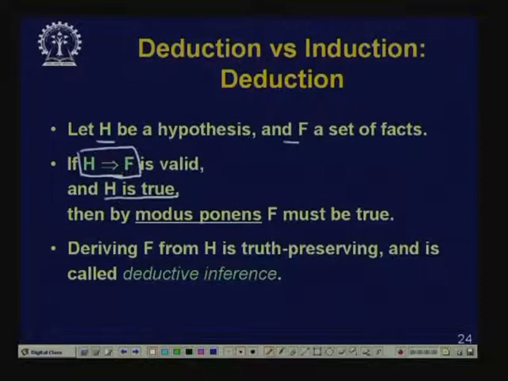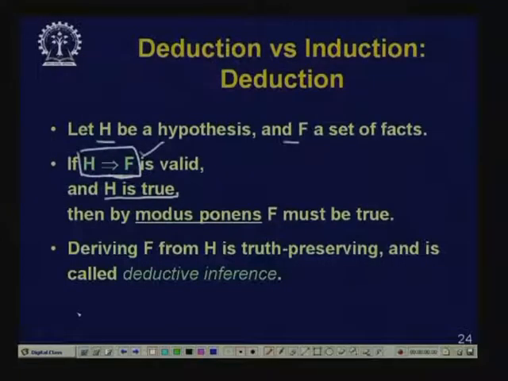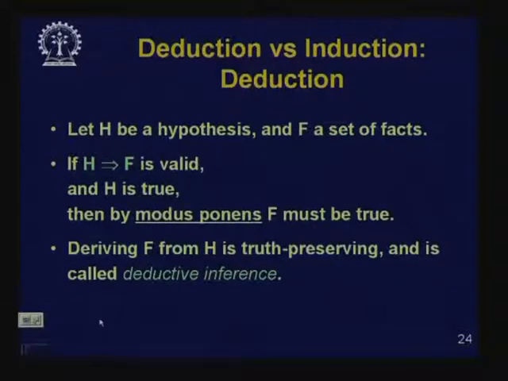This is an example of logical deduction. So, we can derive F from H. This process is truth preserving, and this is called deductive inference. You are already familiar with deductive inference.